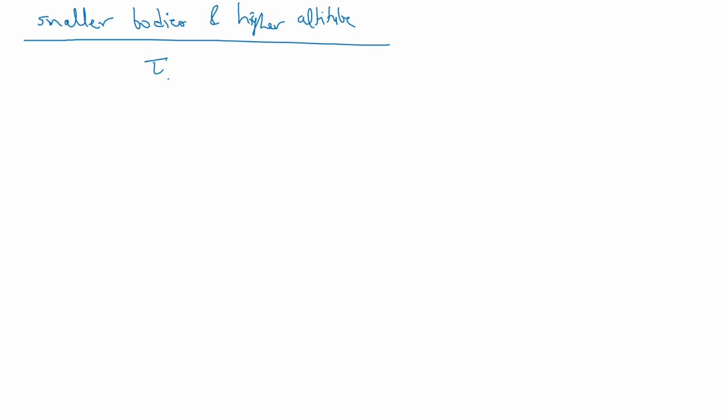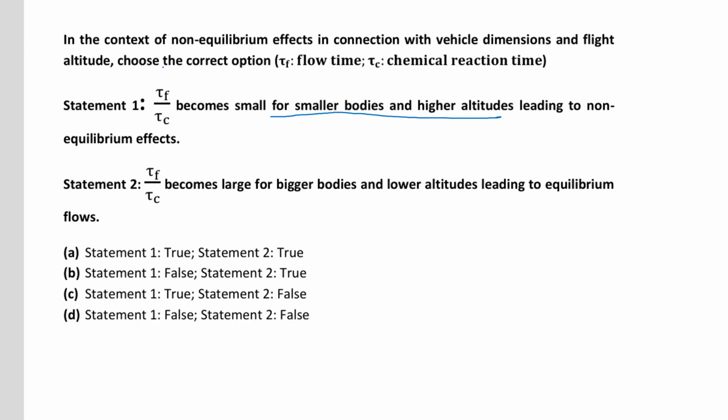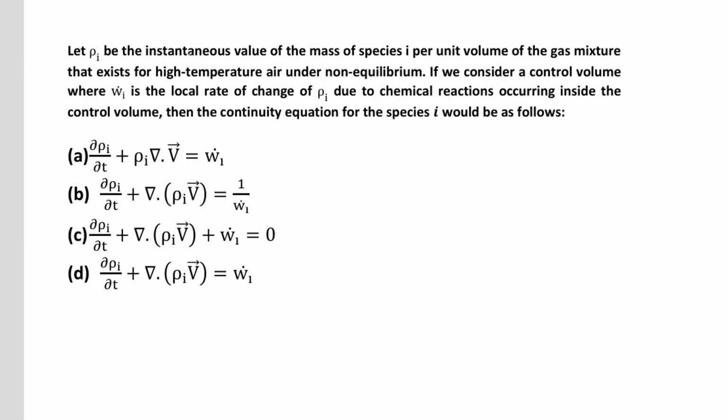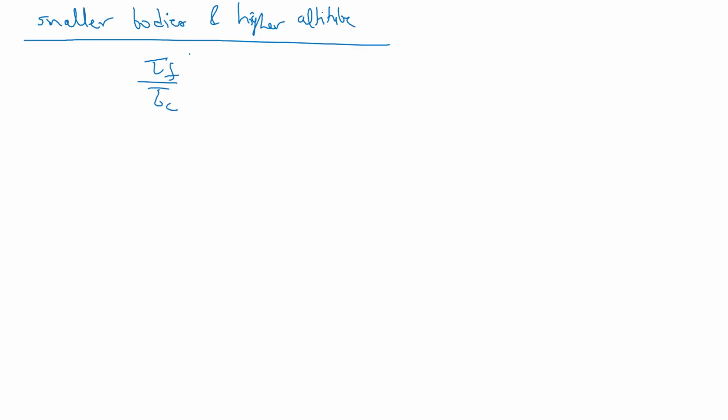It is the ratio between tau f and tau c, and tau f is the flow time. Flow time will depend on the characteristic length, and if the body is small, then the characteristic length is small.